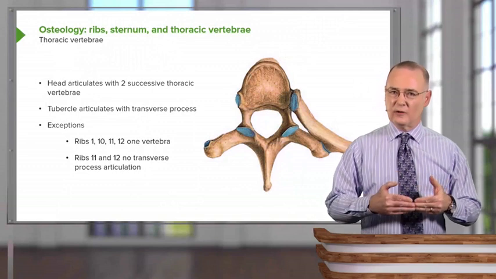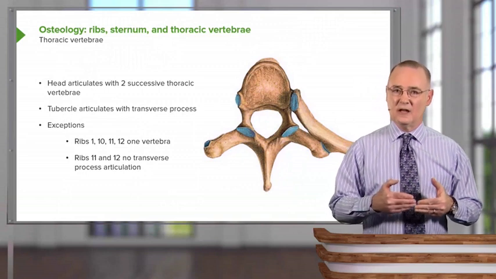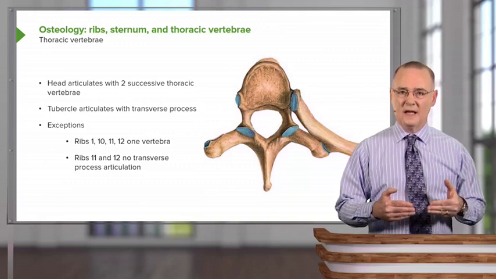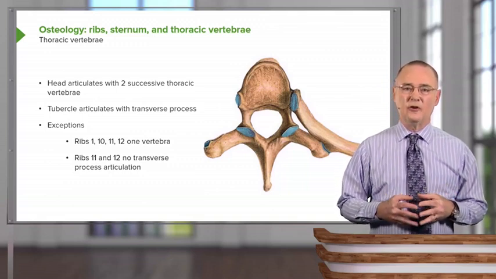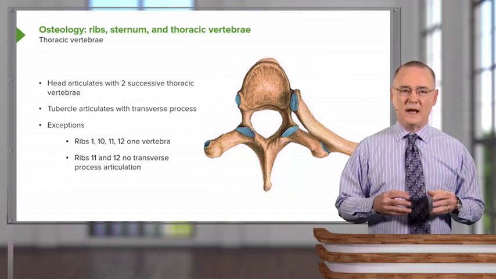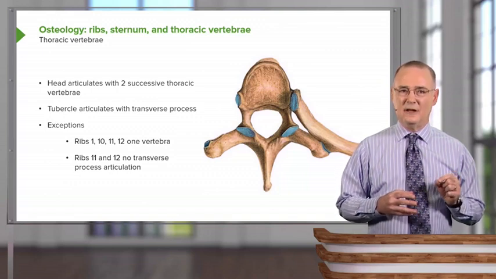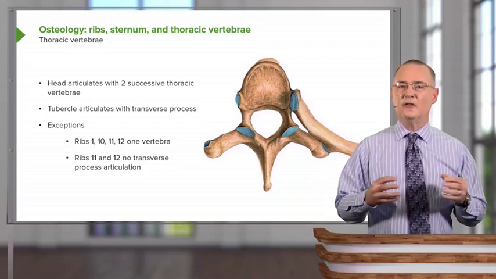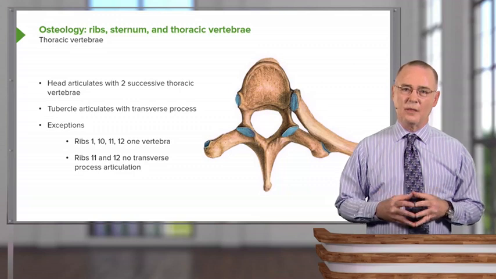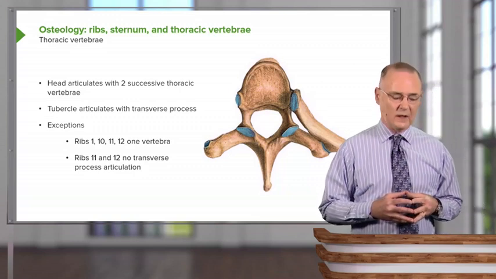So rib 1 just with T1, rib 10 with just T10, rib 11 with just T11, rib 12 just articulates with T12. And then the transverse processes associated with thoracic vertebrae 11 and 12, there is no articulation of those transverse processes with the tubercles of the ribs at that level.